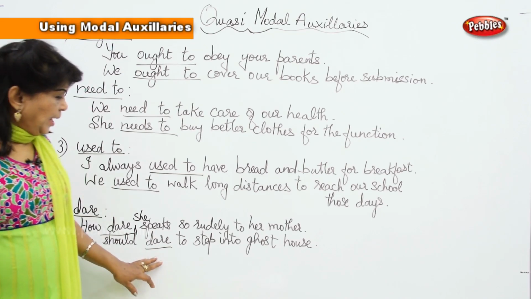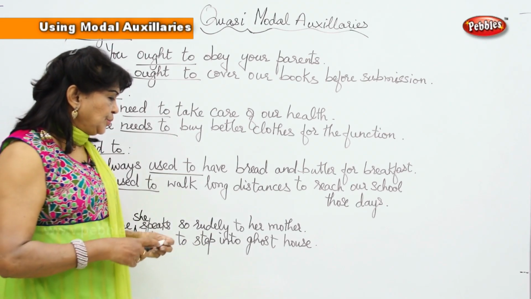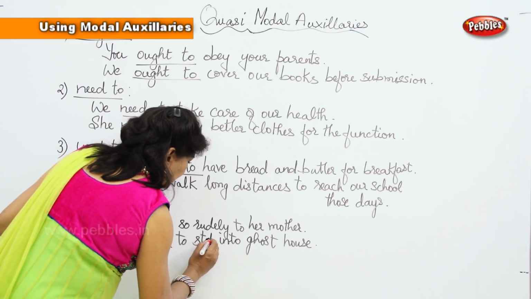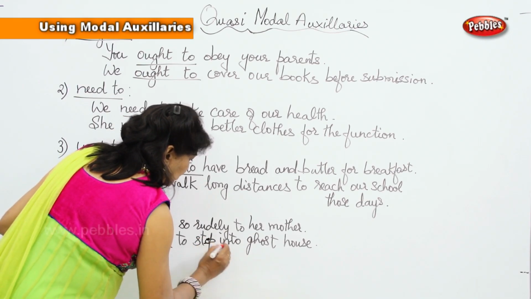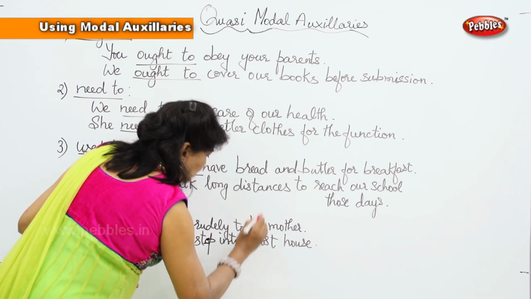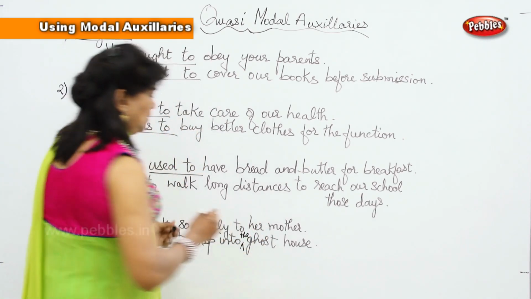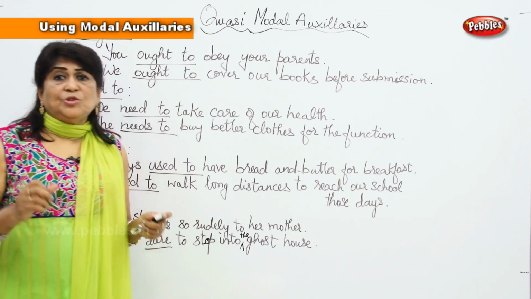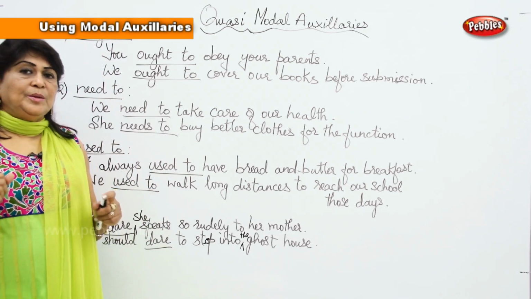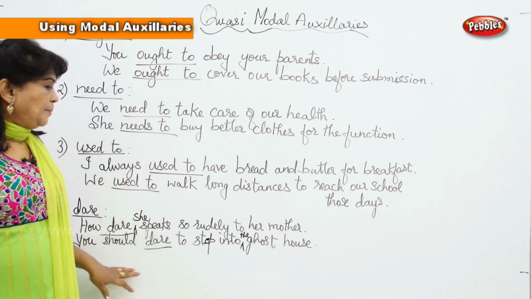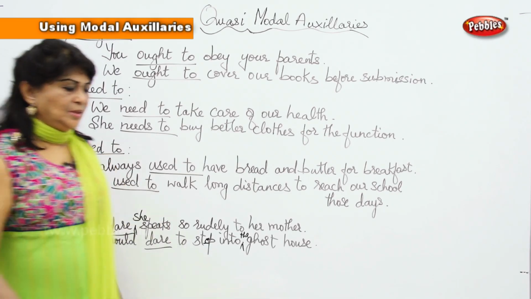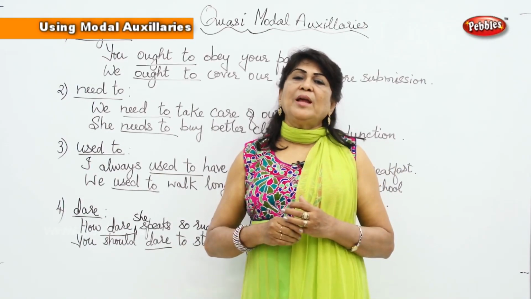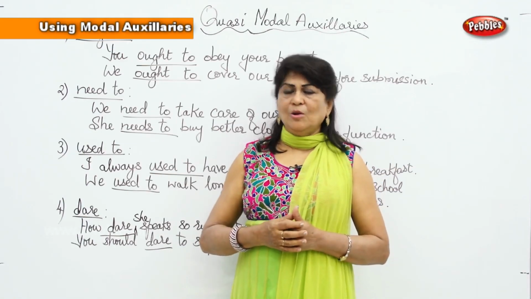You should dare to step into the ghost house. You should always have the courage, or guts, as they say. You should be bold enough to step into the ghost house. So, these are the usages of quasi-modal or semi-modal auxiliaries.